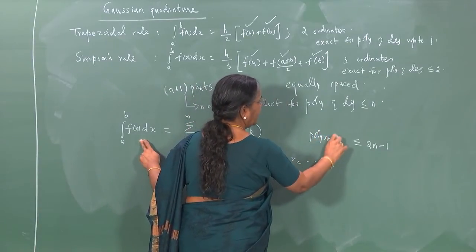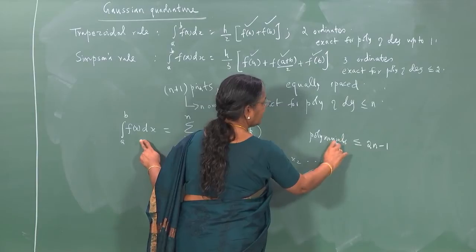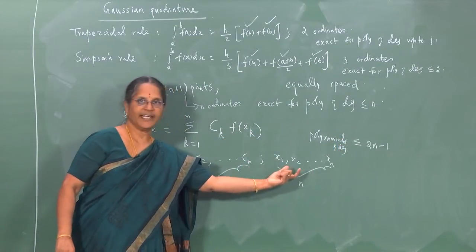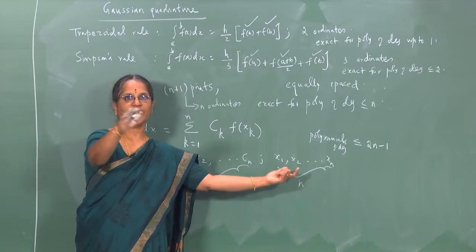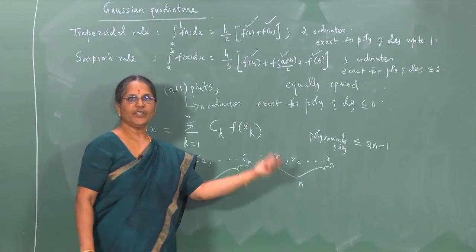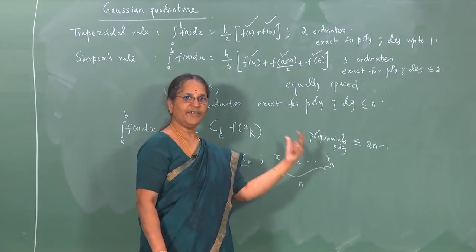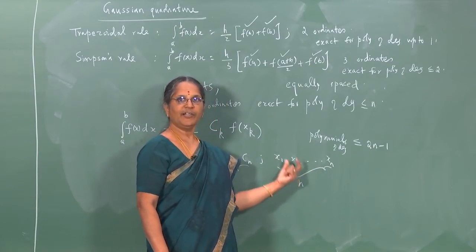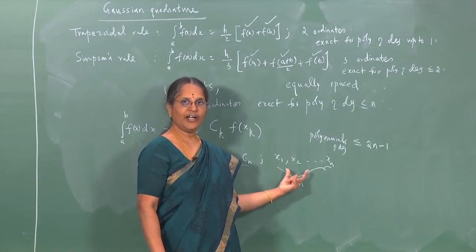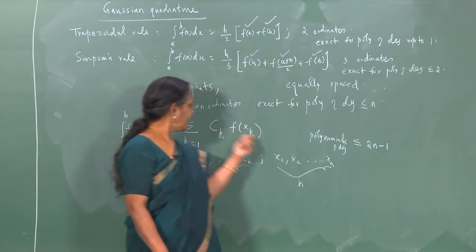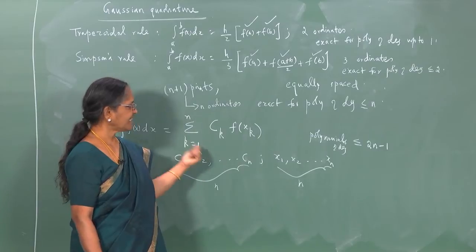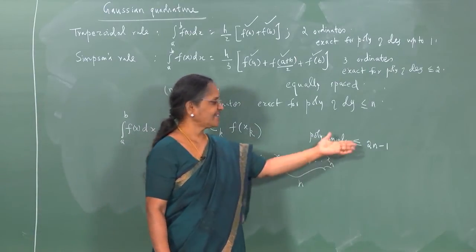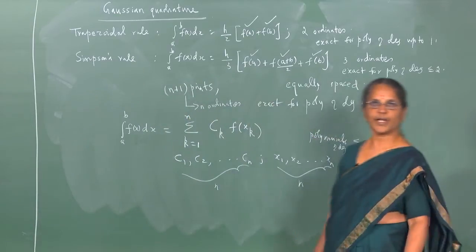So, how many ordinates do you use in this method? There are only n ordinates. The ordinates are at x1, x2, etc., xn. So, you involve only information about the function at n nodes. Evaluation involves only n ordinates, but the method that you derive is such that it is exact for polynomials of degree less than or equal to 2n minus 1.